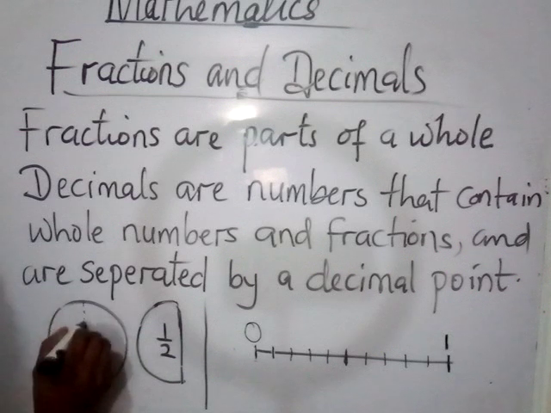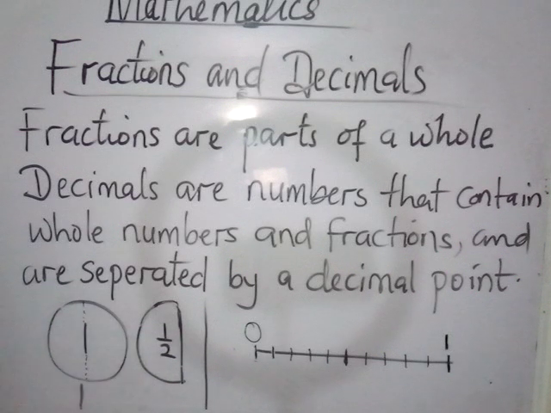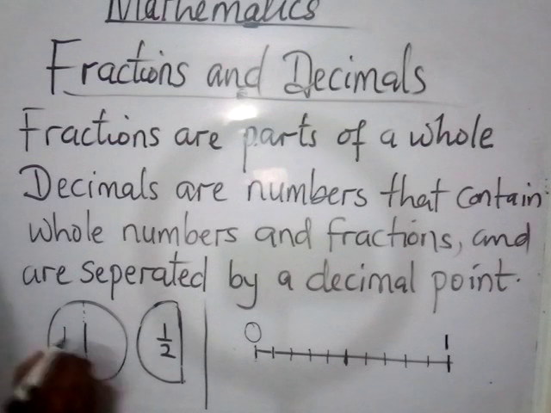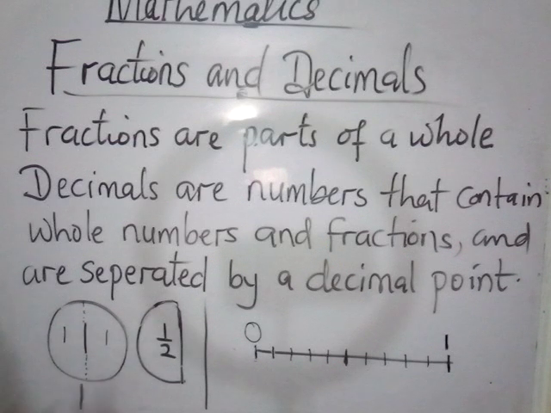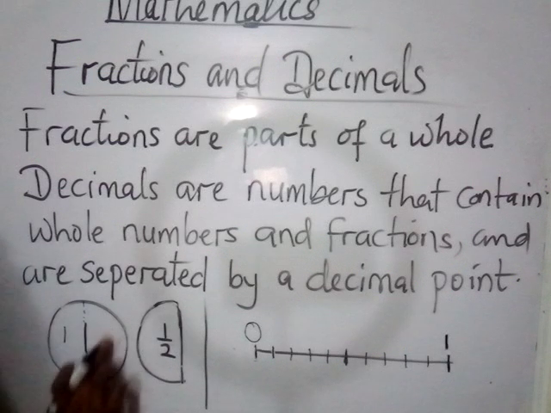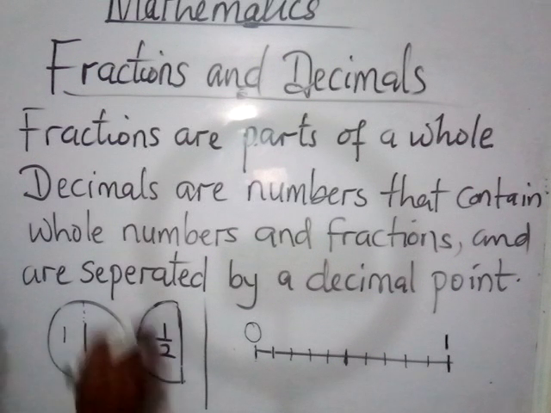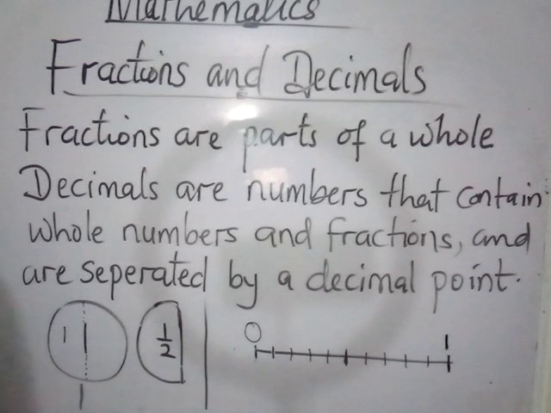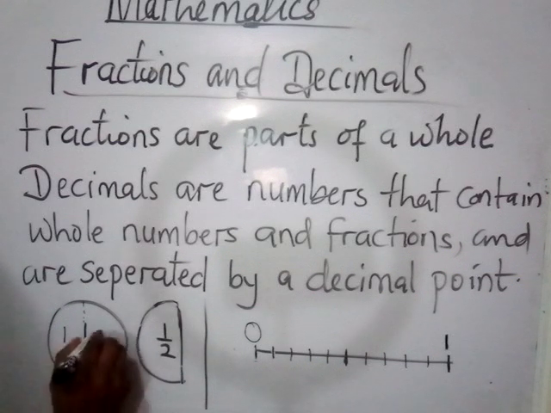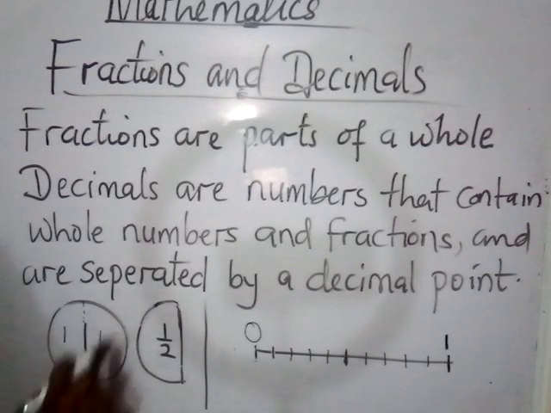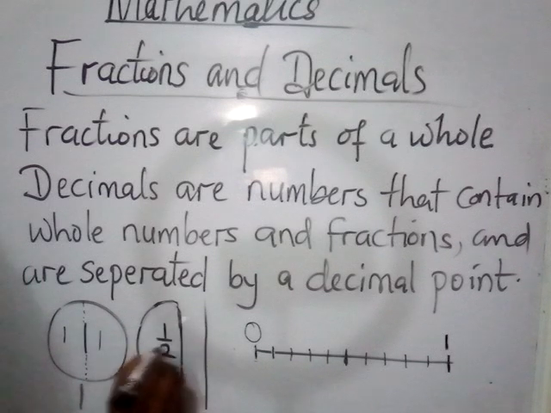Remember, this whole, if it's shared in the middle into two parts, this becomes one part here, and then you have two parts that form a whole, two parts that come together to form one whole. Now, if you take one part out of these two parts, you have something like this, okay? And how do you represent it? Because it is one part out of two parts, you write it as 1/2.